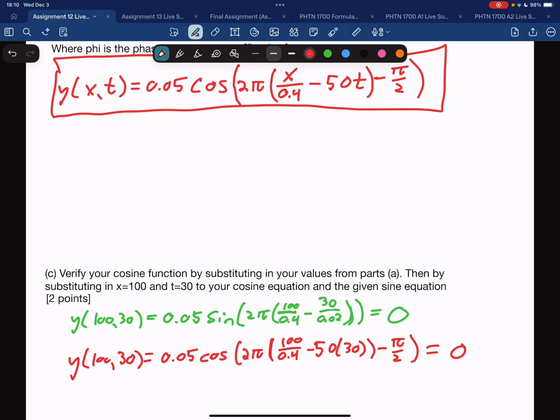And again, if you plug that into your calculator using radians specifically, you will get an exact answer of 0. Therefore, verified they are, in fact, the same. So the green y is equal to the red y.